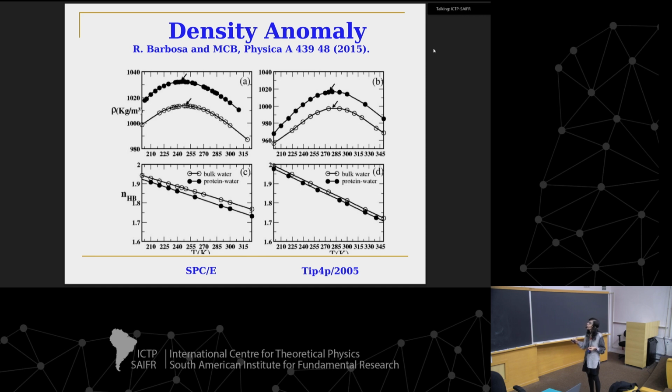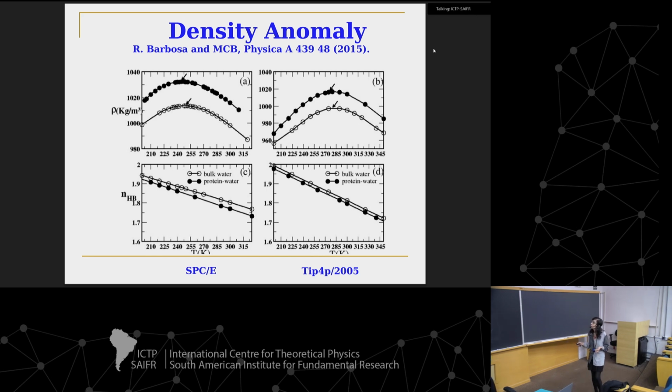One thing is obvious: when you include the protein, you increase the density, because you have less space for the water to be. So there is a shift in the value. But the second thing is there is a slight change in the temperature of maximum density. All the plots will be done in repetition, because I'm doing it for SPC/E and TIP4P/2005. But in both cases, we have this small shift.